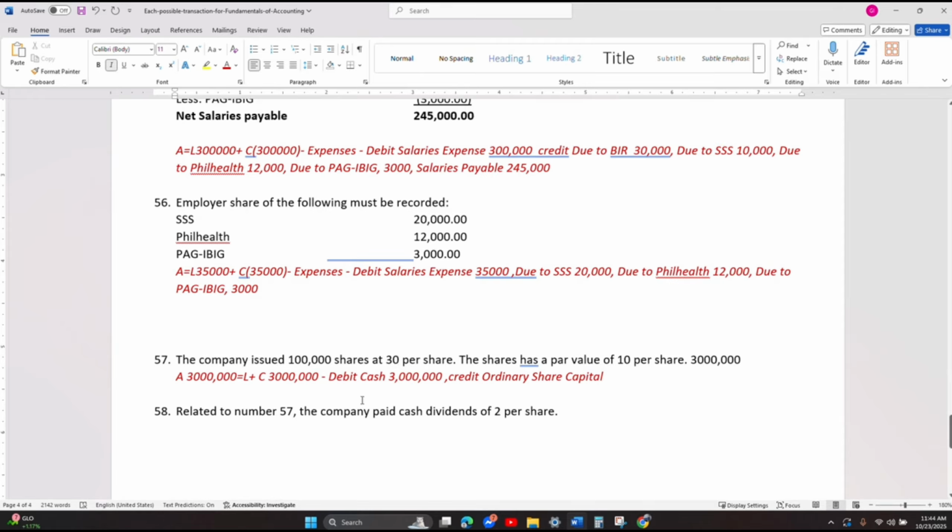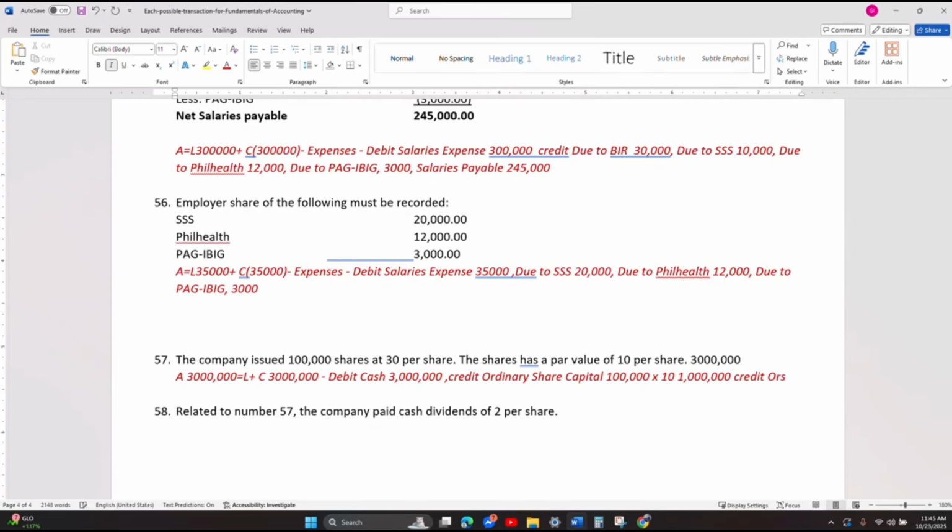Okay? So, again, instead of debiting 3 million and crediting BBG capital as in the sole proprietorship, you are to credit an account, ordinary share capital. But that is only limited to the par value. So 100,000 times 10, that's 1 million. As you noticed, it will not be balanced, right? So you have to credit another one so that it will be balanced.